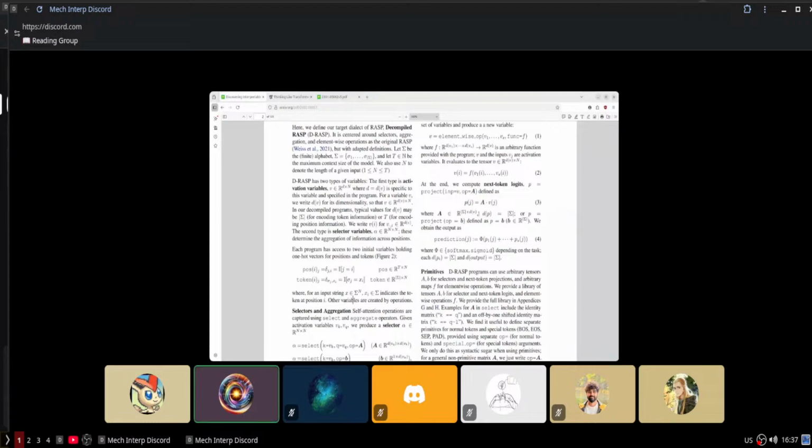Alphabet to the nth. So the alphabet to the power of n. Does that mean the size is n? I know in category theory there's a different meaning to this. What does it mean here? It's just Cartesian, like a set. Okay, Cartesian. Right, I see. All strings of length n over the alphabet.